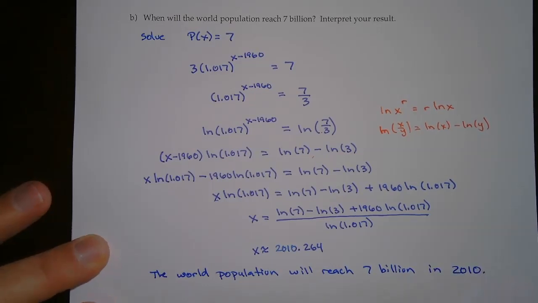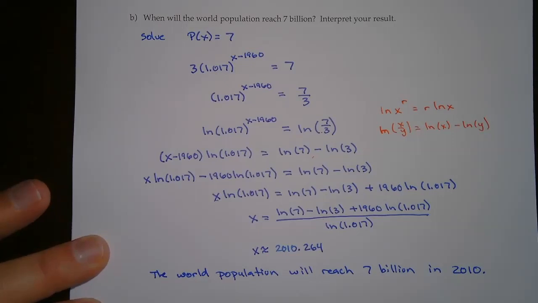And all of this stuff is real data. I got this from a book a few years ago. If you look up the world population, it was right around 2010 when it reached 7 billion. You can look it up on Google and ask Siri when this happened, and it's probably pretty close to 2010. All right, so now let's go to the next example.